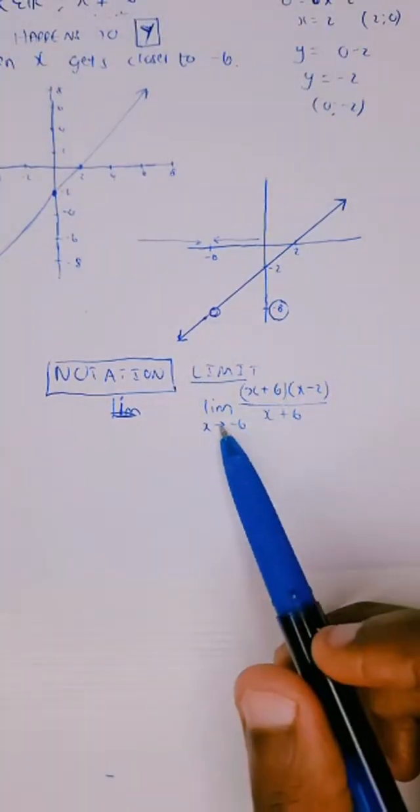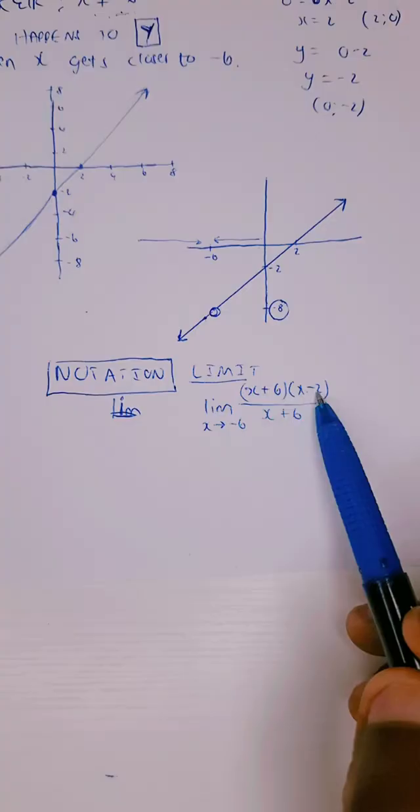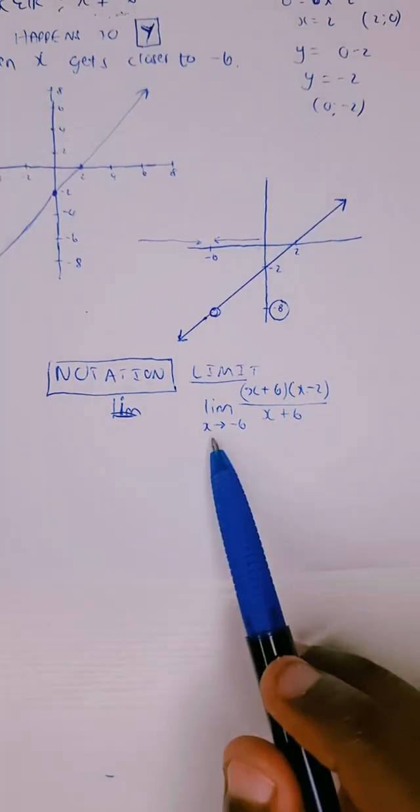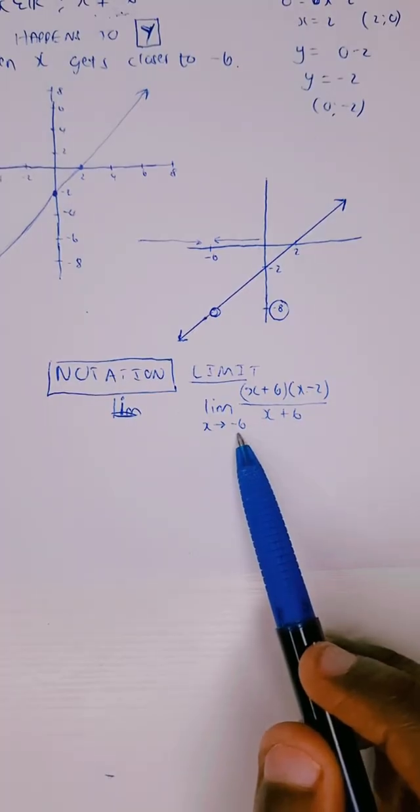I repeat again, the limit of x plus 6 into x minus 6 over x plus 6 as x approaches negative 6. All right.